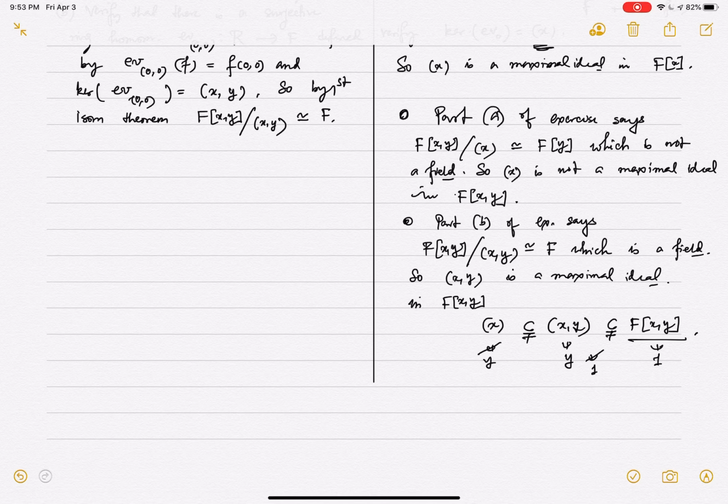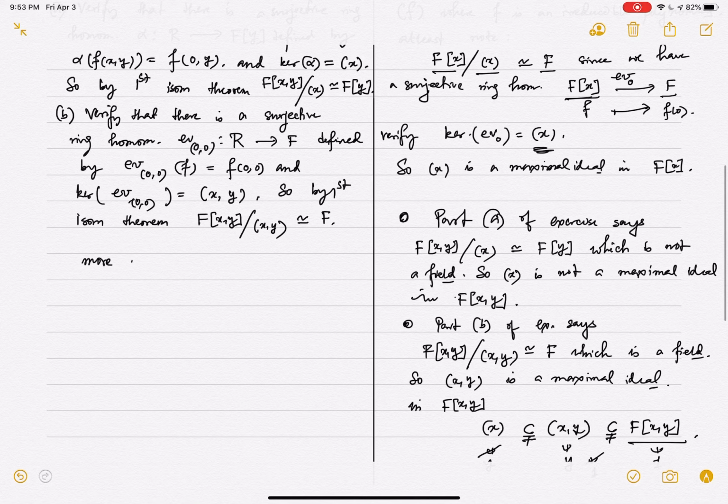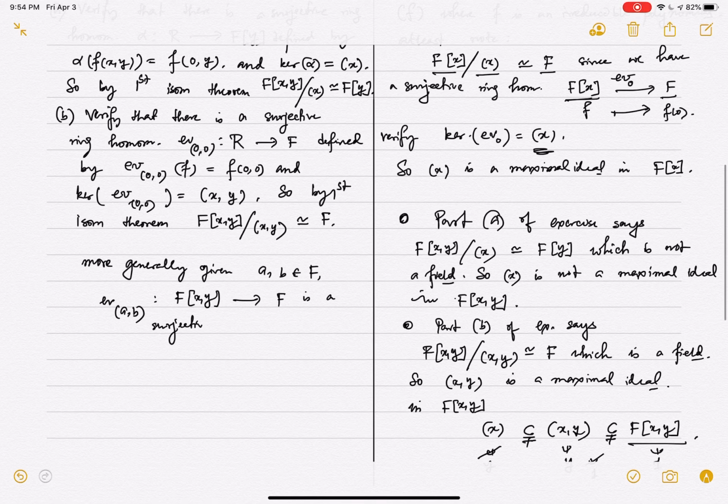Yeah. So more generally, given any two elements a and b in F, you can evaluate at (a,b), and that would give you a surjective homomorphism from the two-variable polynomial ring to F, and the kernel of this, we checked last time, is the ideal (x minus a, y minus b).